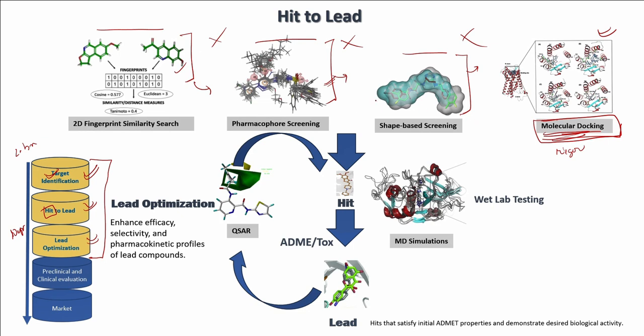Whatever we talked about in the previous slide, those properties should be present in the hits. If they are there, then you can call them the lead molecule. When you have the lead molecule, you can optimize it. What do we mean by optimization? You can enhance the efficacy, selectivity, and pharmacokinetic profiles of the lead compounds.